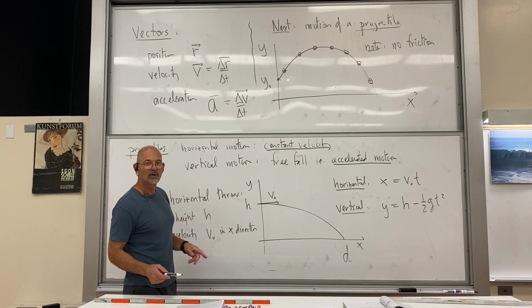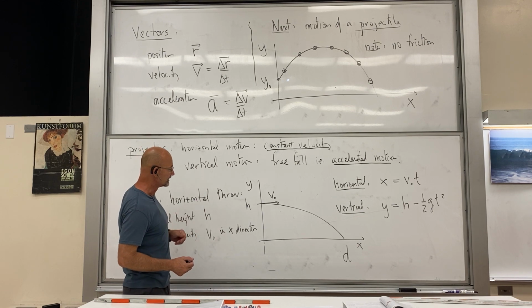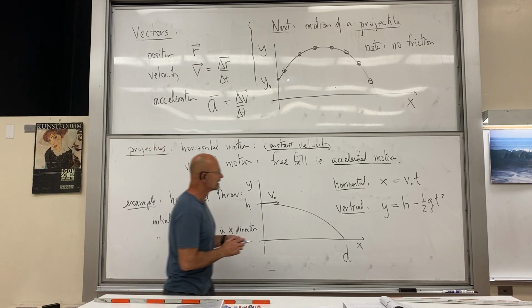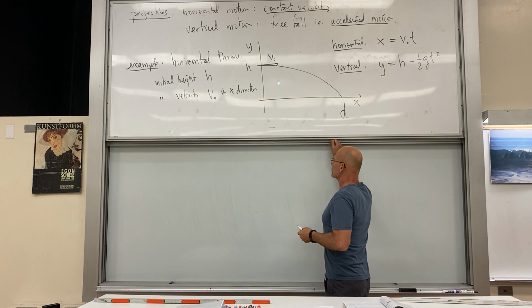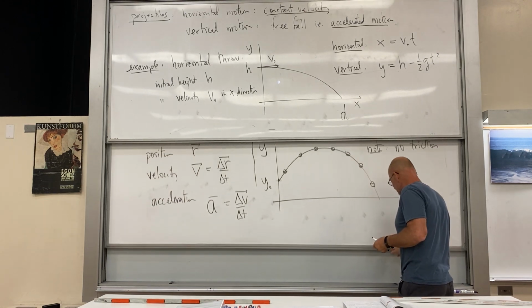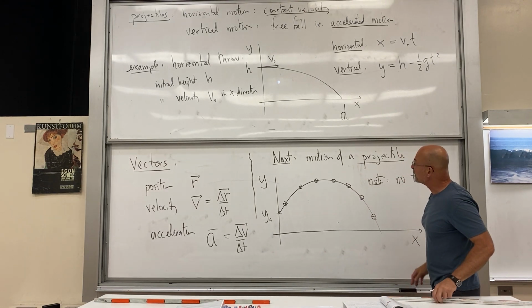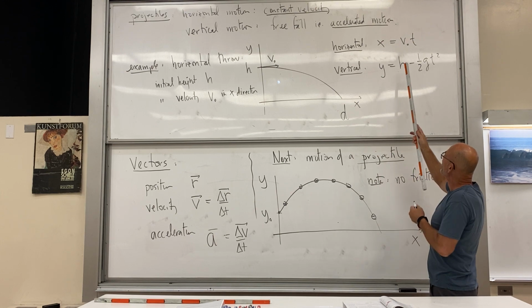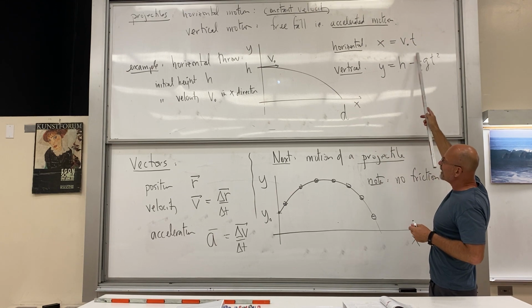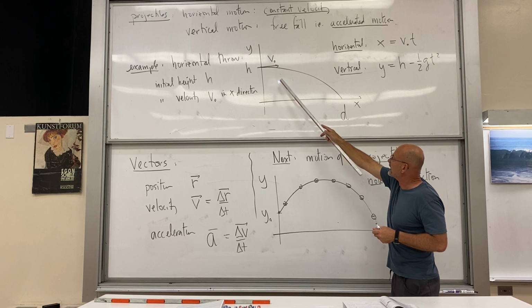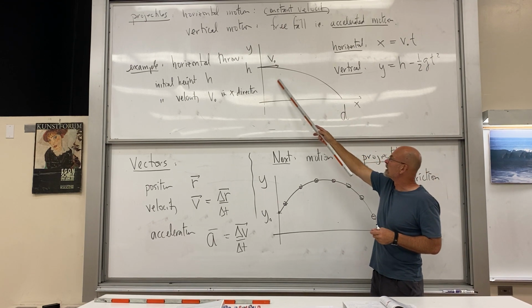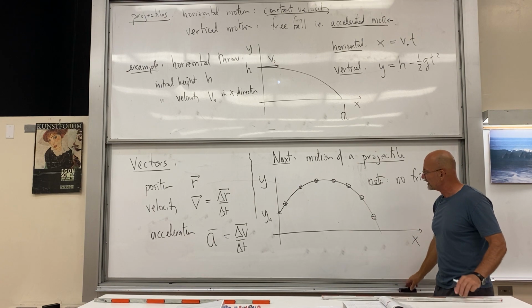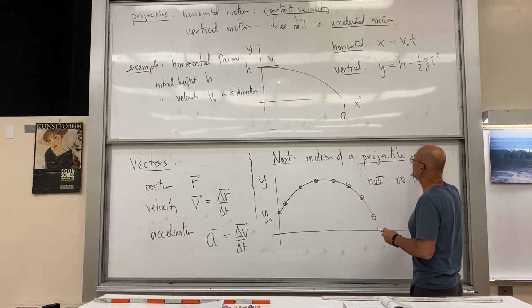And I have an interesting demo that's going to prove that, if I can set the thing up. Okay, let's send this up there and work with these. So with these two equations, you'll notice the time is not being graphed. This is position and this is position. With these two equations, we can answer any and every question about the horizontal throw. So let's go ahead and answer some.